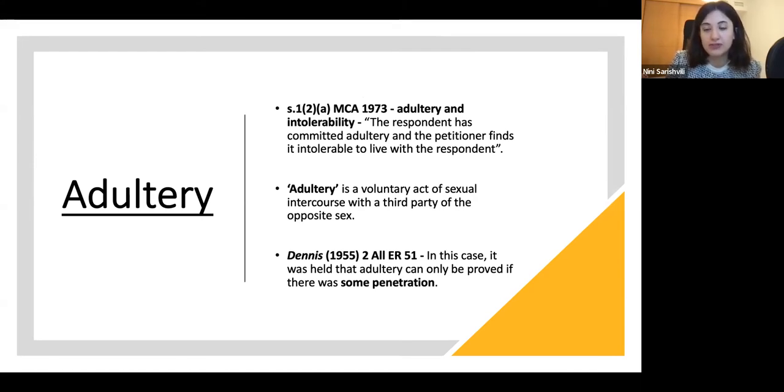As you can see, opposite sex, so it works differently for same-sex couples. In Dennis, it was held that adultery can only be proved if there was some penetration. So the evidence must show that adultery has actually taken place, which can sometimes be challenging.